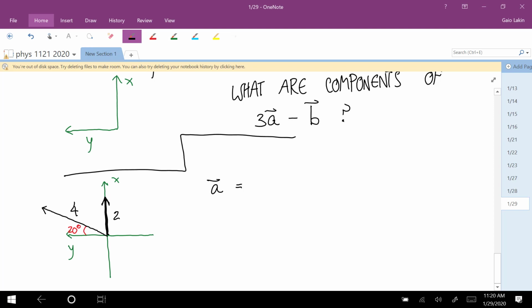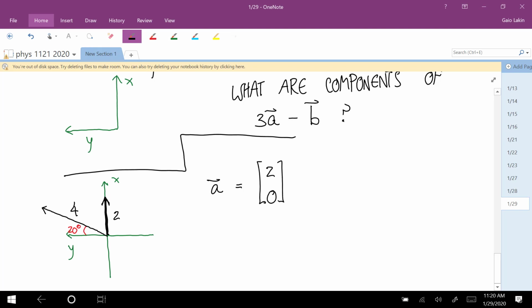First you go 2 along x, and then you don't go anywhere along y. You're already there. So this is only going to have an x component of 2 in the positive direction. So positive 2, 0. Okay, you can just eyeball the ones that are on those 4 axes. Okay, so A is just positive 2, 0.